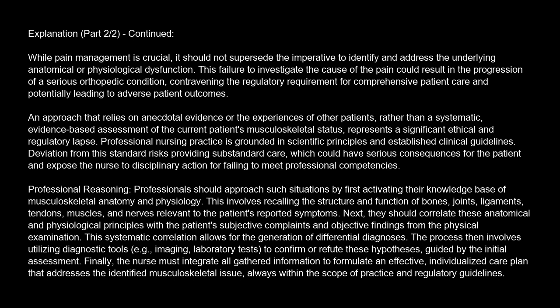This systematic correlation allows for the generation of differential diagnoses. The process then involves utilizing diagnostic tools, e.g., imaging, laboratory tests, to confirm or refute these hypotheses, guided by the initial assessment. Finally, the nurse must integrate all gathered information to formulate an effective, individualized care plan that addresses the identified musculoskeletal issue, always within the scope of practice and regulatory guidelines.